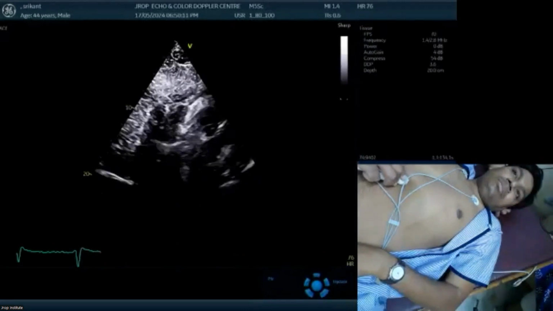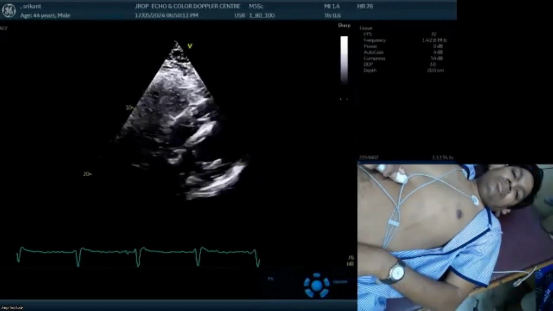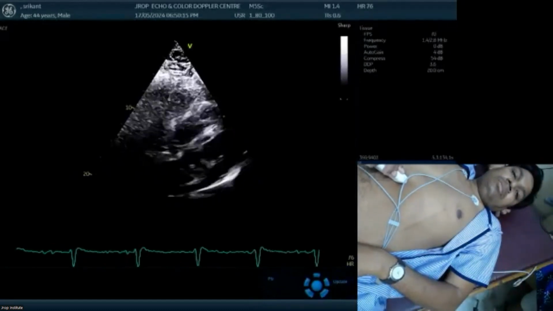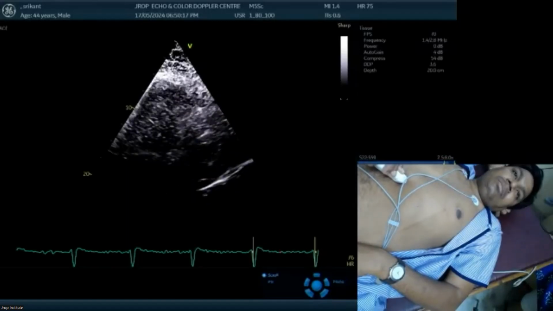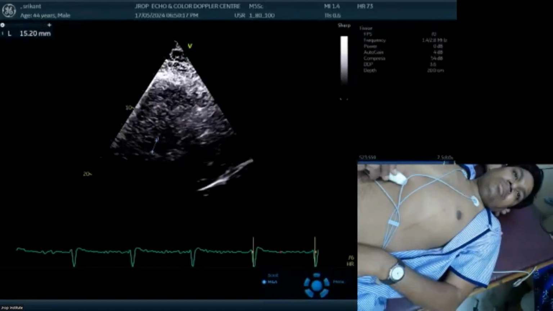And counterclockwise rotation will give us IVC diameter. Unfortunately, not seen very clearly in this subject, but we do see a small IVC over here. It's here. So this is the IVC caliper in this subject. This is almost 15 millimeters.